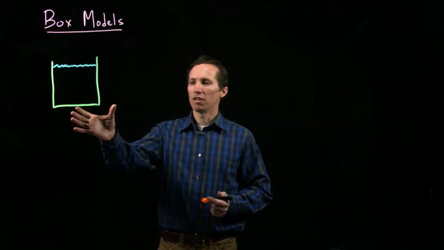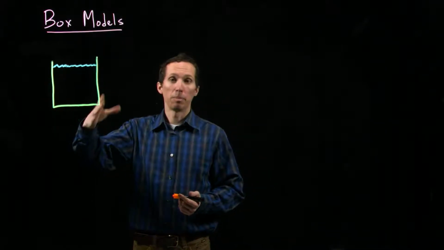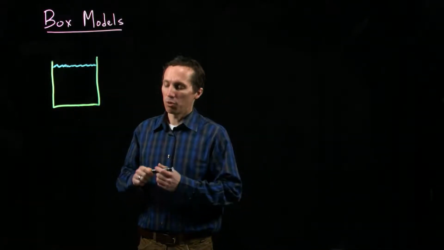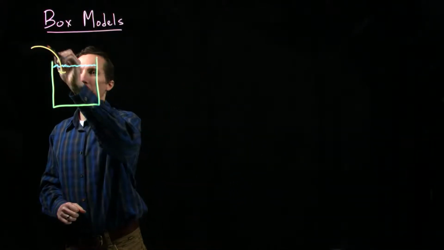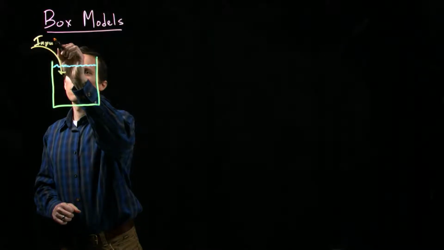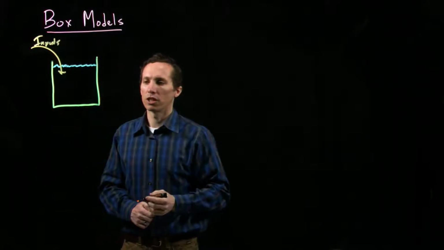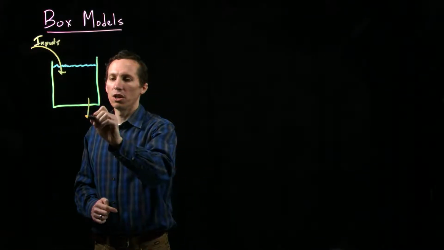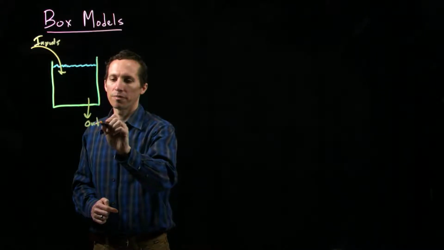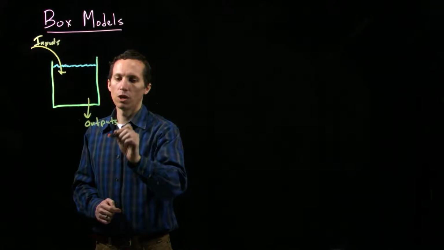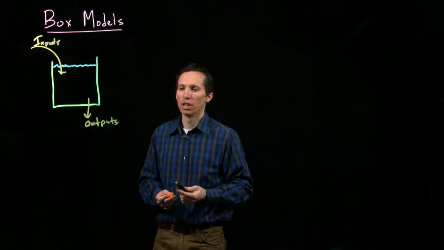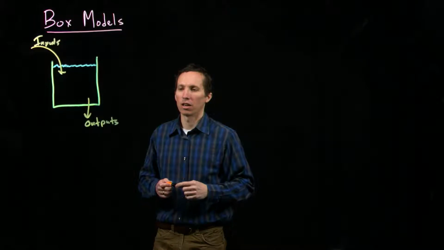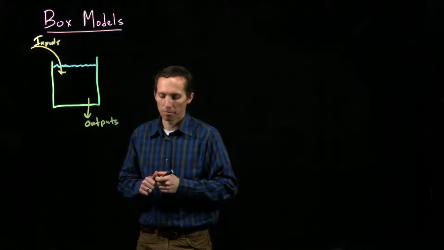So if we think about the ocean as a box, and we consider that there are inputs of various elements or constituents, and that there's also outputs, we can use this simple formulation to describe the concentrations of elements in the ocean.